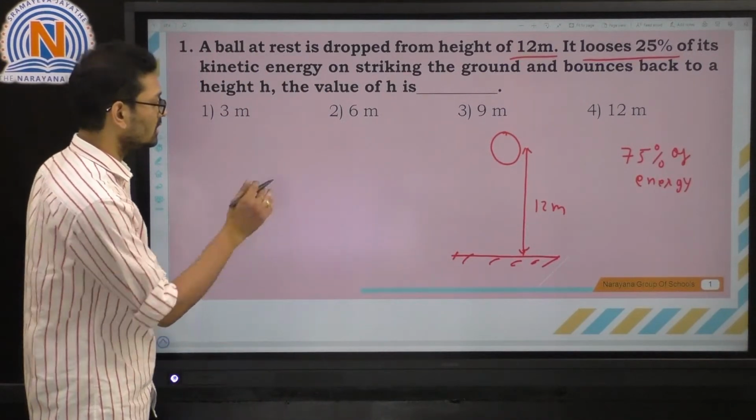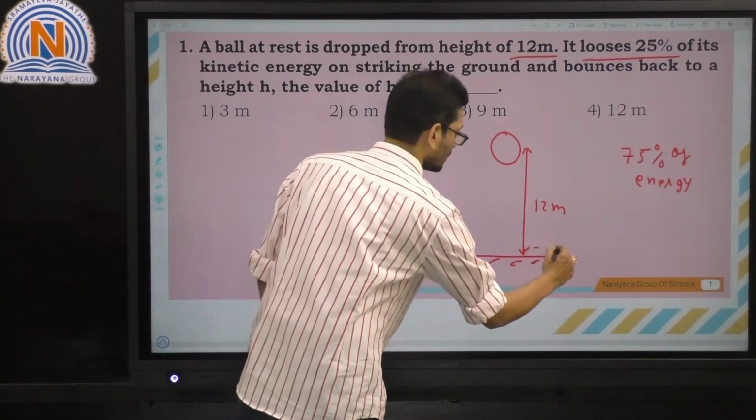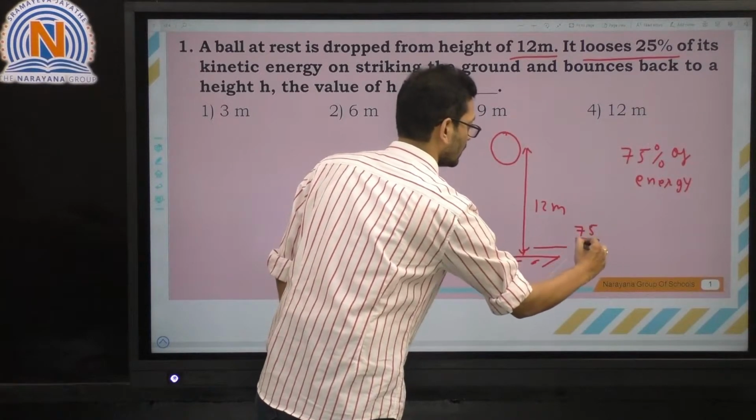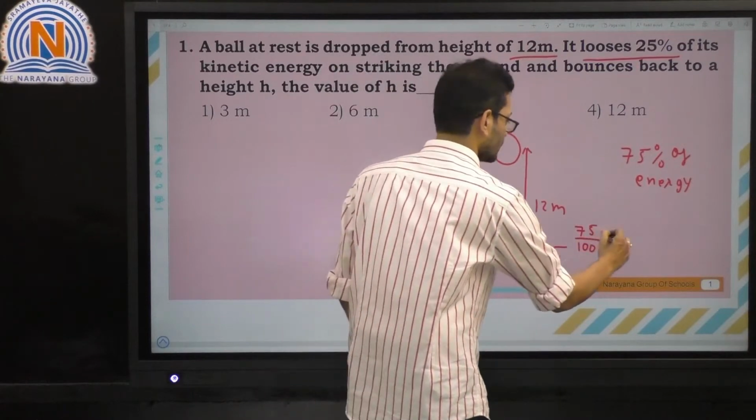So the energy present at this point is 75 by 100 into mgh.